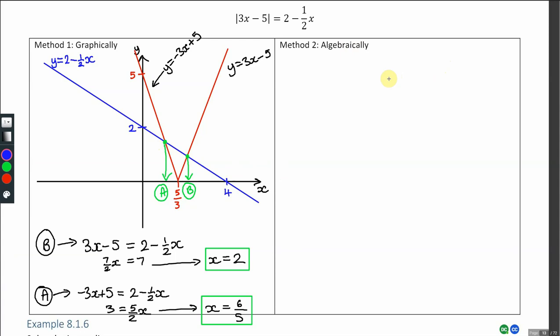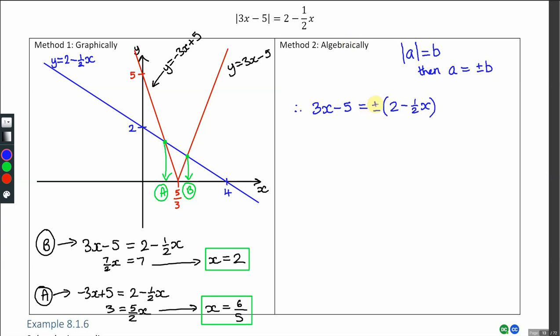So with the algebraic method, we just look at the equation and we use something along the lines of this line of thought. If the modulus of A is equal to B, then the thing inside the modulus must be either the same as B or negative B. So using that thinking, in this situation, the thing inside the modulus must be either exactly the same or the negative of the right-hand side.